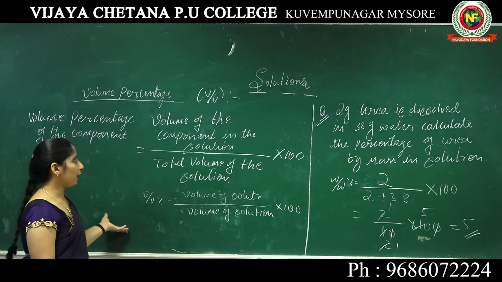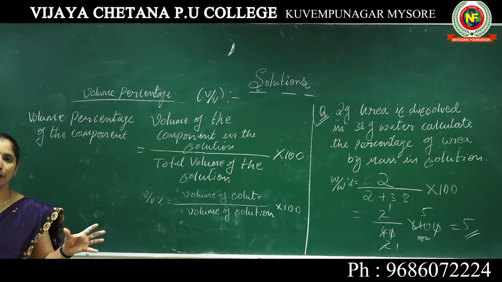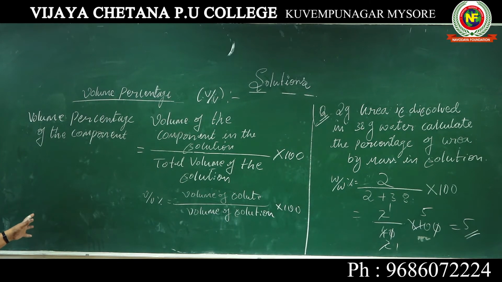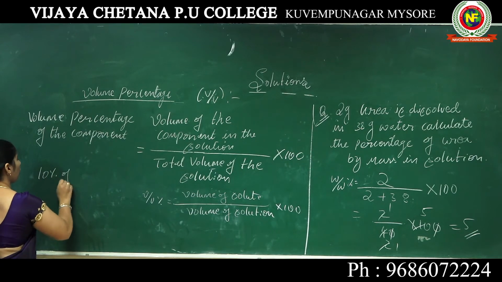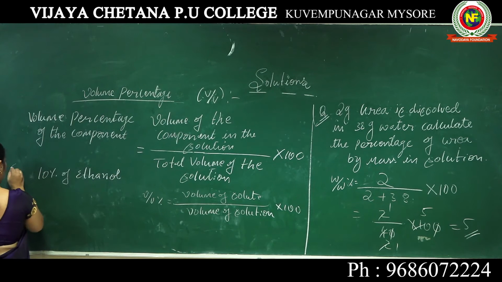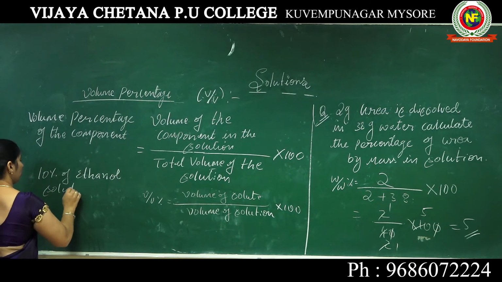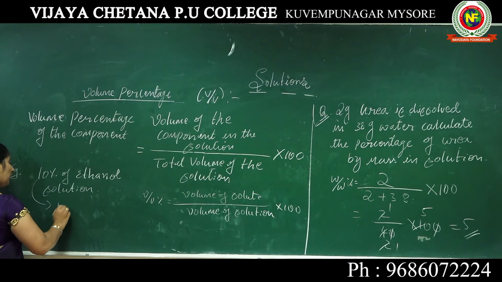For example, take a 10% ethanol solution. Here, out of 100 in total, only 10% is ethanol, dissolved in the remaining 90% water.